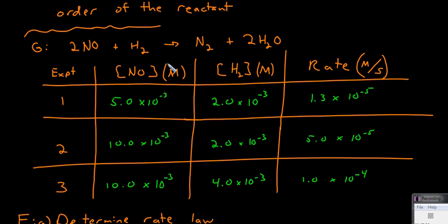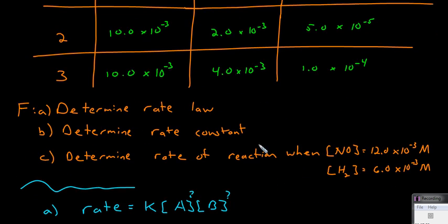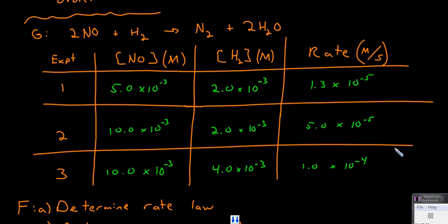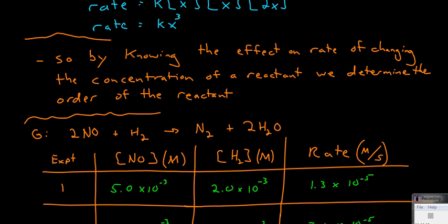For example, consider this reaction, 2 NO combined with an H2. Now, in order to know the rate law, which is going to be our first objective, determine the rate law, we need to know the order of each reactant. And so we can test what happens to the rate if we change the concentration of the reactants, keeping the other reactants constant in concentration.